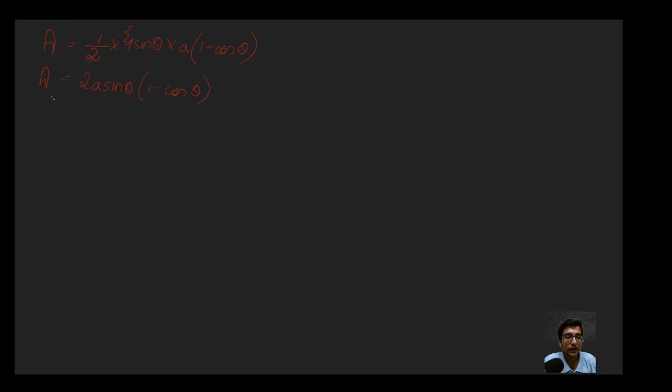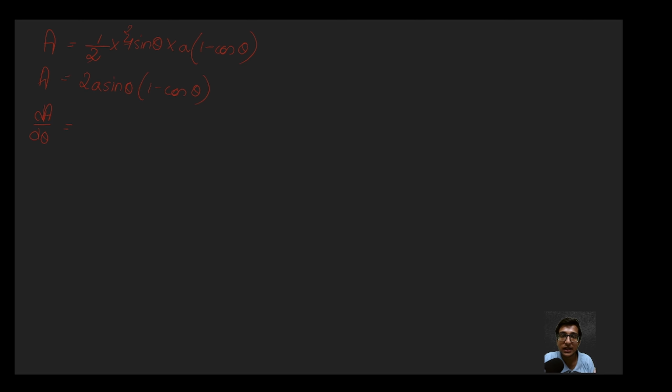This is our A. Now let us find dA by d theta. Let us try to differentiate this. Remember we had studied this in derivability, how we can differentiate by the product rule, keeping one constant and differentiating the other, plus keeping the other constant and differentiating the first. So the same thing we will use here.